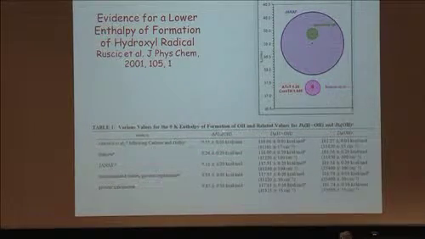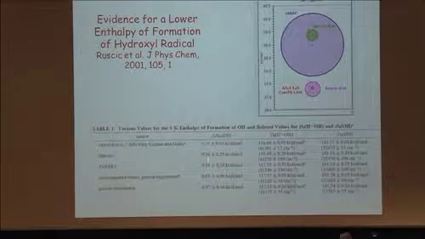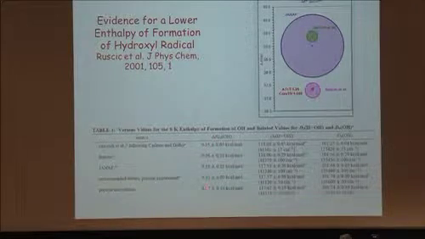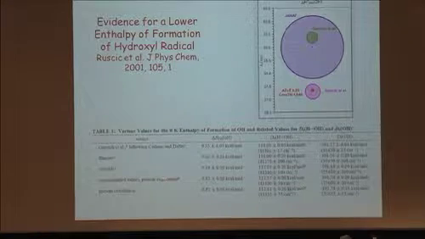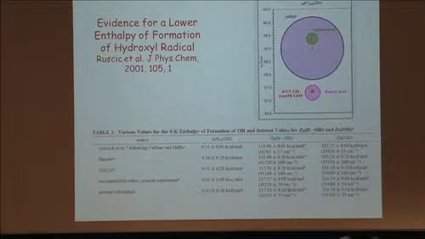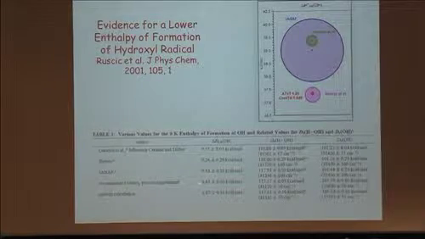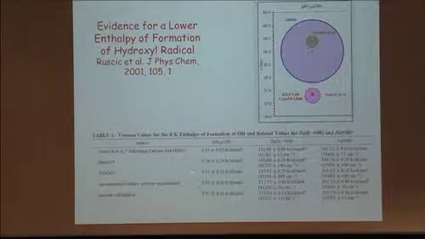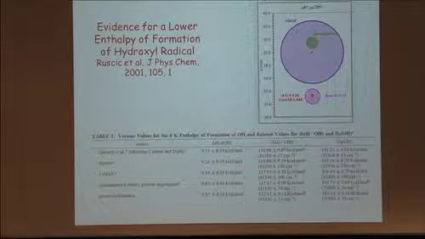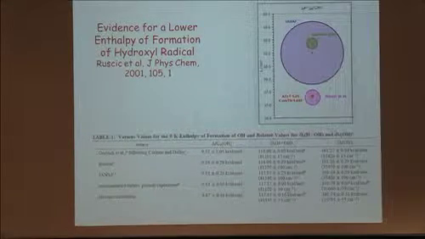Values for the enthalpy of formation at 0 Kelvin, which are slightly over 9 kcal per mole. And these are the recommended values using current experiments and also calculations. And it's changed by something like 0.3, 0.4 of a kilocalorie per mole.